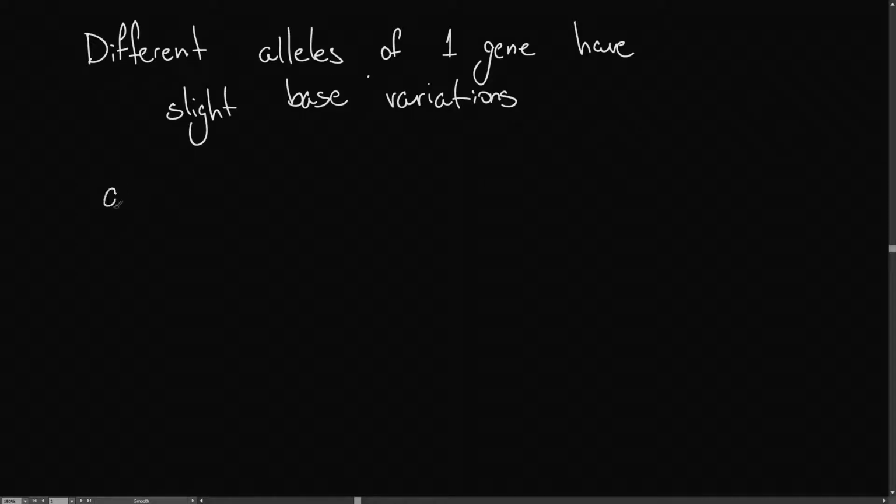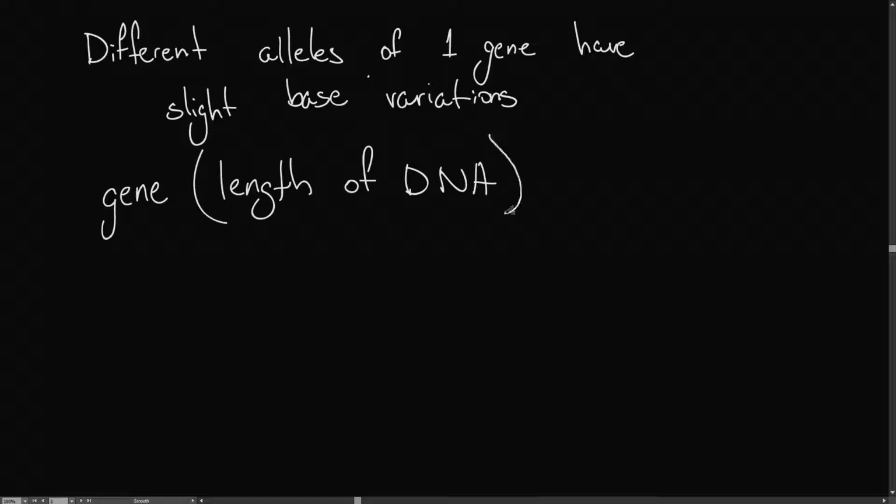We'll first be looking at how different alleles of one gene have slight base variations. So here, a gene, meaning a length of DNA, and this length of DNA is hundreds and thousands of these A, T, C, G bases, may have slight differences.